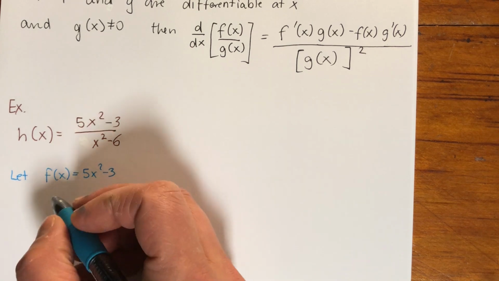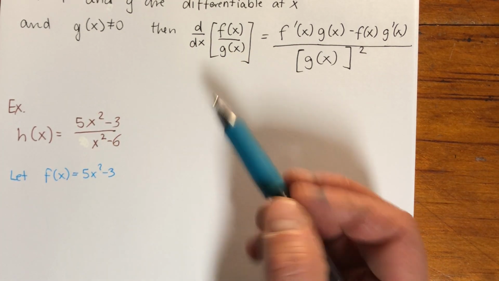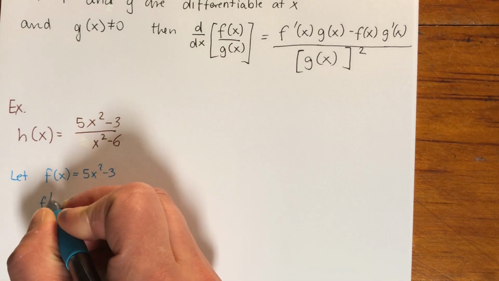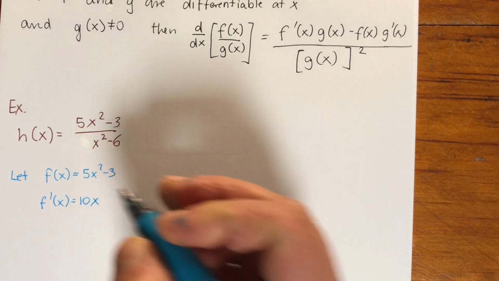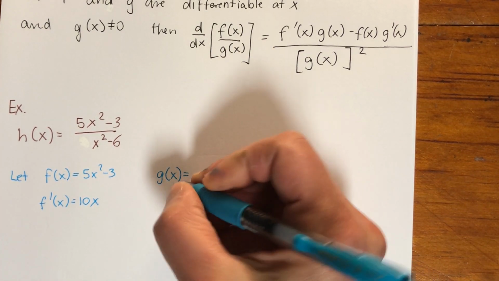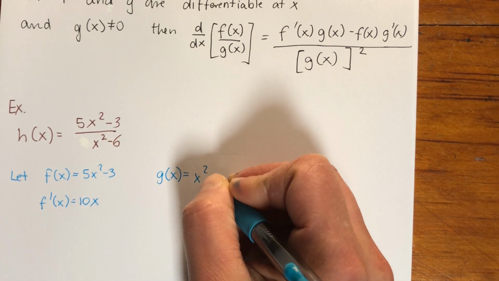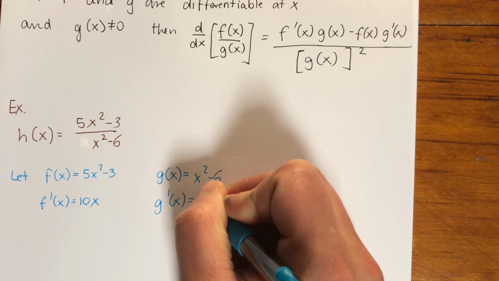That is the top function. And I want to be consistent with the notation that the formula is giving me. So then the derivative of this function, 2 goes in front, so 10x. And then my g function is what is in the denominator, so x squared minus 6. And the derivative of this function is just 2x.